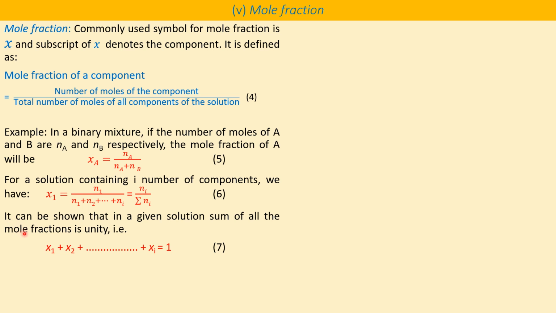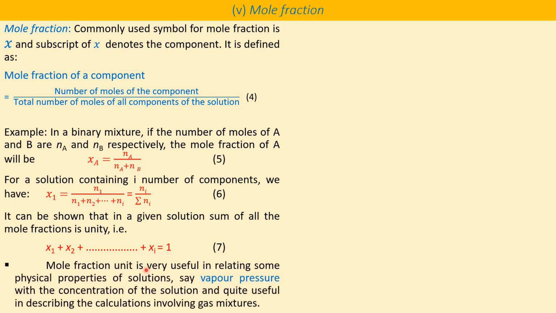It can be shown that in a given solution, the sum of all mole fractions is unity, that is 1. If a solution contains different components x1, x2, etc. up to xi, then the sum x1 plus x2 plus etc. up to xi equals 1. Let it be equation 7.